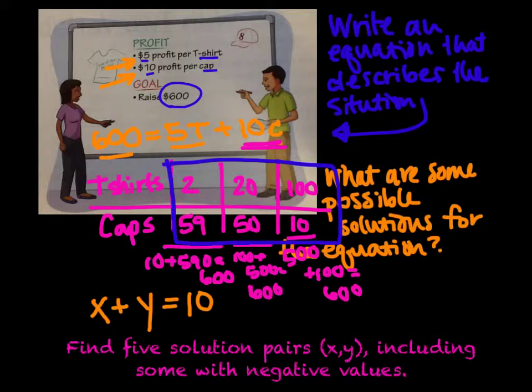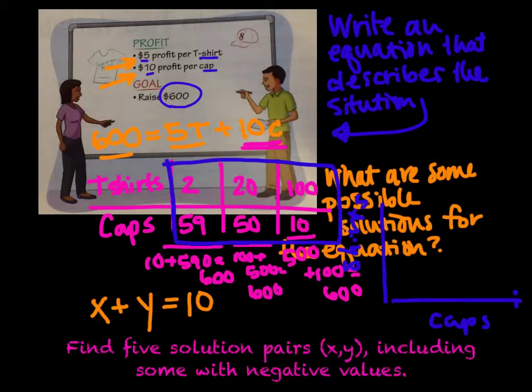What's kind of cool is we can take this information and plot it in a graph. Our graph could have caps along the bottom and shirts vertically. At 59 caps, maybe way out here, we're at 2 t-shirts, so very close.